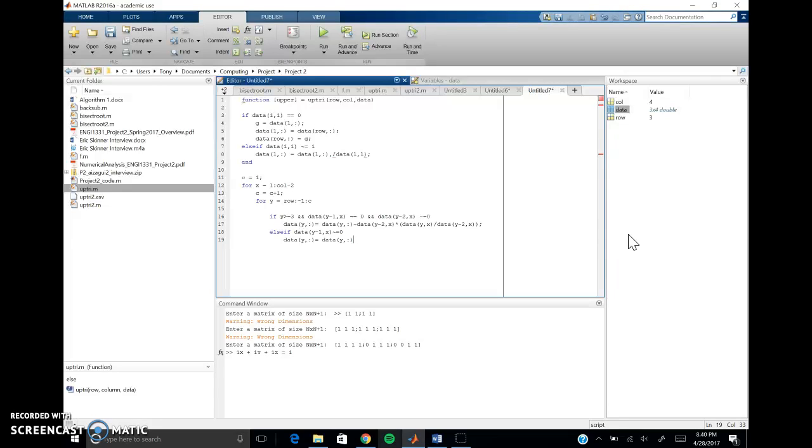So here we just keep coding it for that, minus the data, y minus 1, or not x, that whole row, times the data, divided by data of I minus 1.